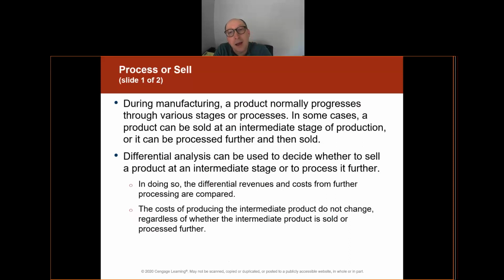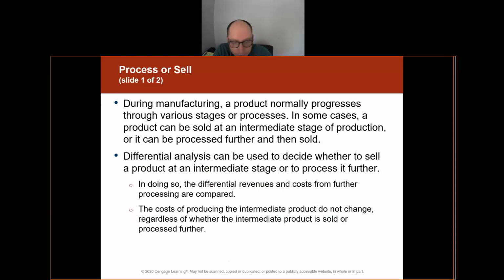Now, here's another decision. This alternative analysis is called process or sell. Now, think way back, a couple of weeks, maybe week 3 or 4.